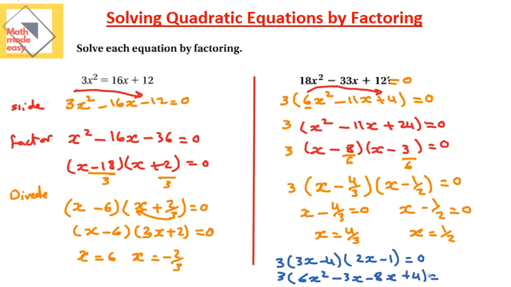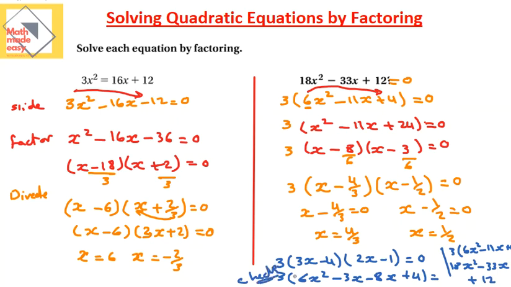When you simplify this, and don't forget the 3, this is going to be 3 times 6x squared, negative 3x and negative 8x is negative 11x, plus 4. Then you're going to distribute and you will get 18x squared minus 33x plus 12, and this is just for checking your work.